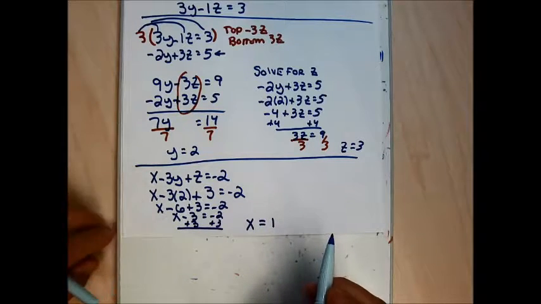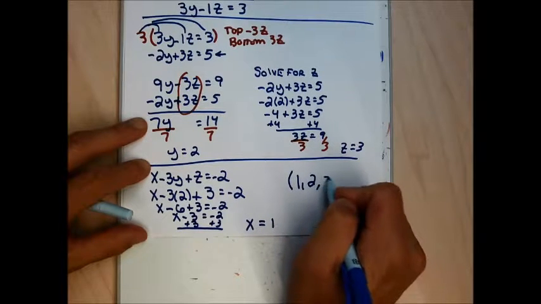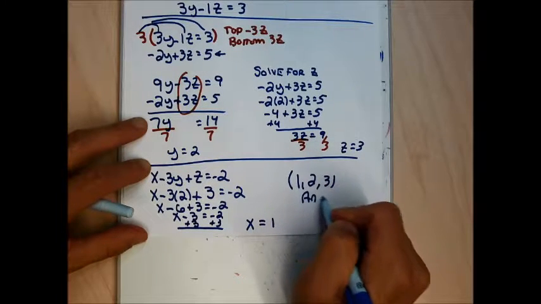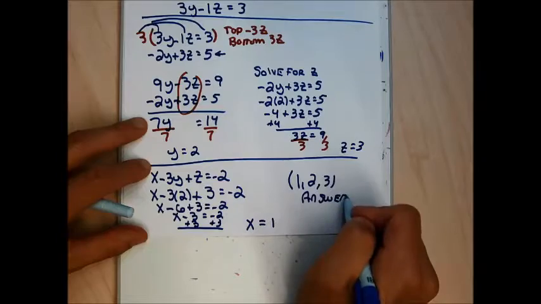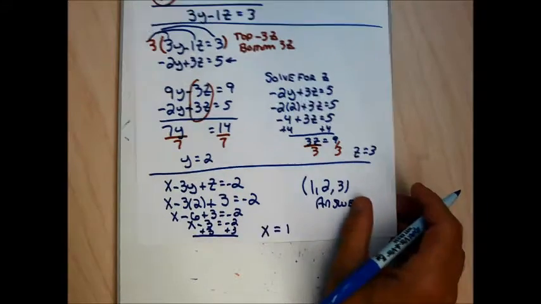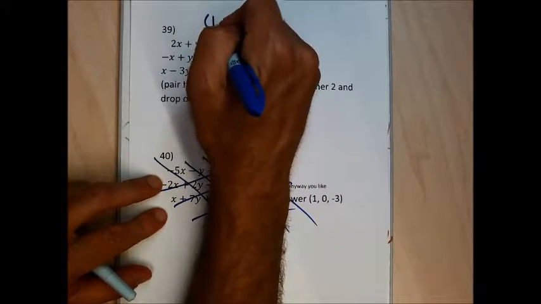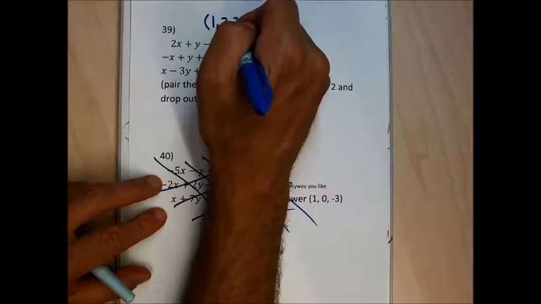I claim my answer is x equal to 1, y equal to 2, z equal to 3. And I'm going to take the time to check this because we should check every answer unless I took the time to write the answer down for you. So the answer that I came up with for problem 39 is x equal to 1, y equal to 2, z equal to 3.